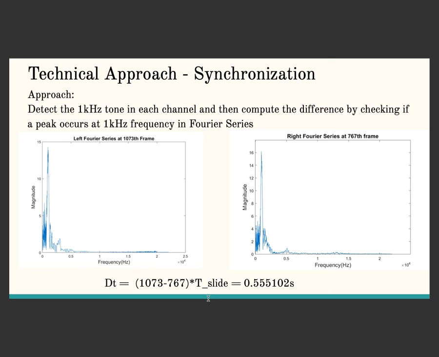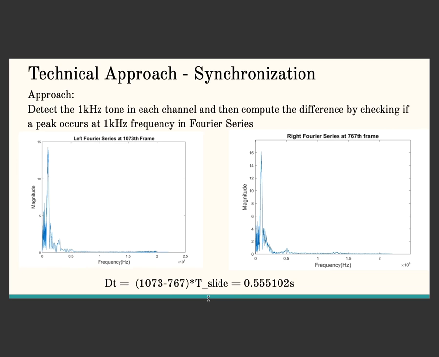For the synchronization part, when we collect the audio signal, we use a tone generator to generate a 1 kilohertz tone while collecting. When we calculate the time difference between the two channels, we also do an FFT of the signal in a single frame, and we look at the signal at 1 kilohertz.